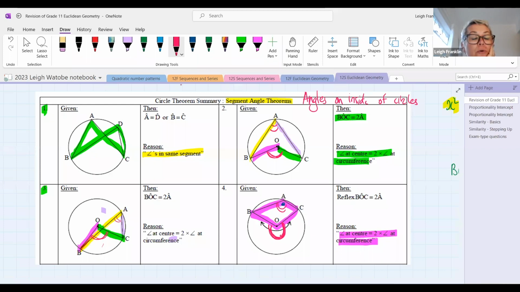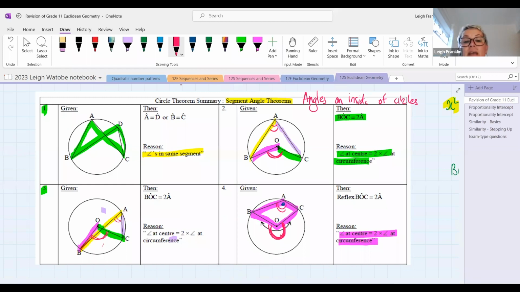Like, for instance, ma'am, the second diagram, it says angle at the center is equal to 2 times the angle at the circumference. So it means that the angle is 2 times as big as A. Yes, absolutely.